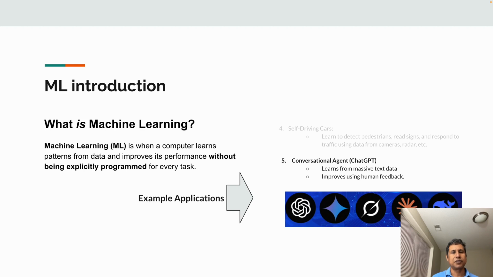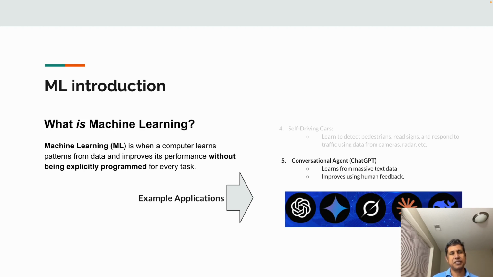We'll be learning about the main model behind these complex engineering solutions. So they learn from massive amount of text data, and then they improve over time by taking into consideration human feedback. Okay, so these are some examples of machine learning tasks. So again, machine learning is when a computer learns patterns from data and improves its performance without being explicitly programmed for every task.